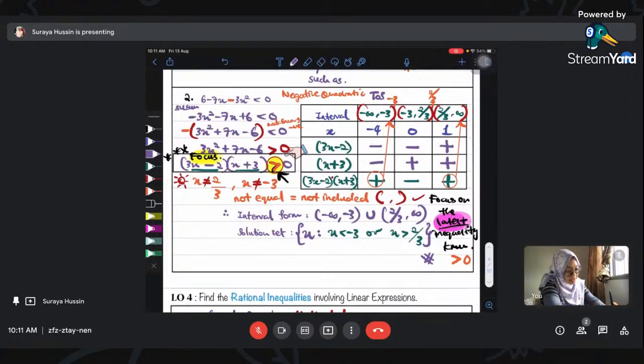Okay, remember union wajib tulis sebab dia ada 2 jawapan interval yang berbeza. Okay, 2 interval jawapan berbeza, kita nak combine it, we use union. Ataupun kalau solution set, kita letaklah or. This is the correct way of writing it. Don't skip any steps.